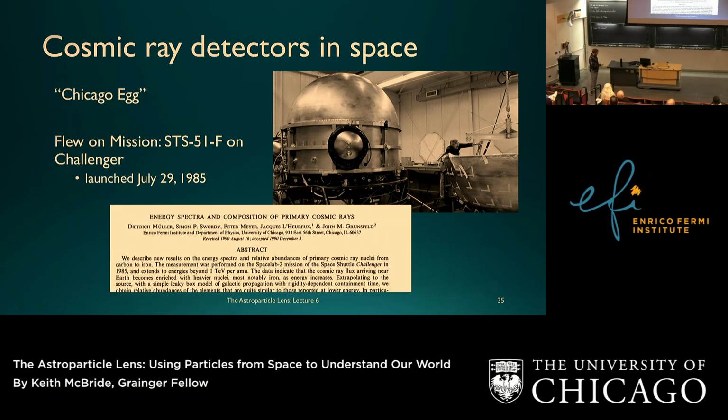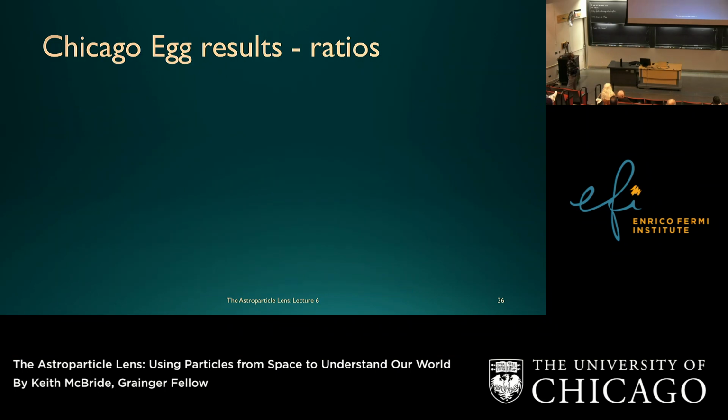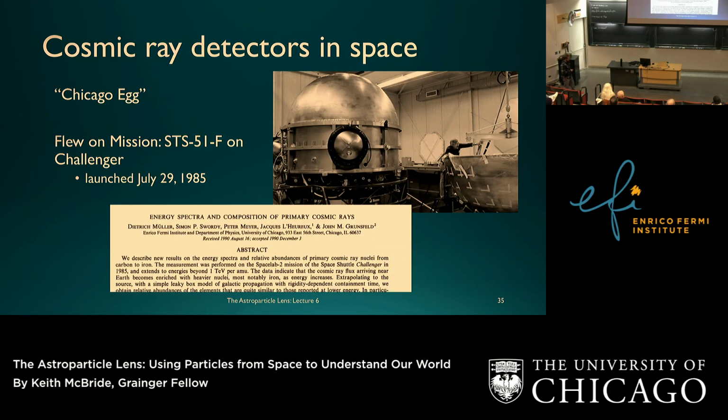And actually another interesting story about this is this Challenger mission didn't reach the altitude it was supposed to. It had a dozen scientific instruments on board, including this one, but it never got to the right altitude. All of those scientific experiments were very upset about it, but this one was not, actually. This one was happier with the lower altitude because it didn't have the readout capability to handle all of the data from all of the cosmic rays if it had reached the real altitude.